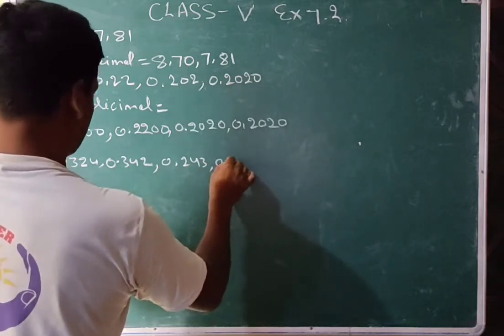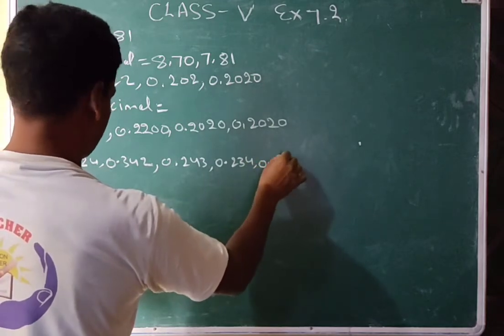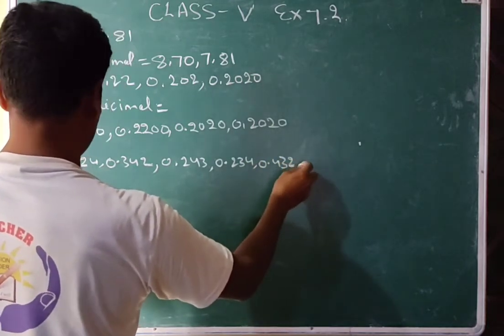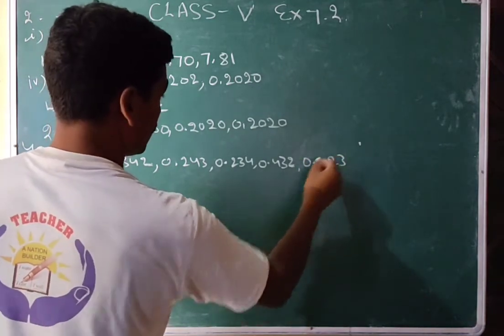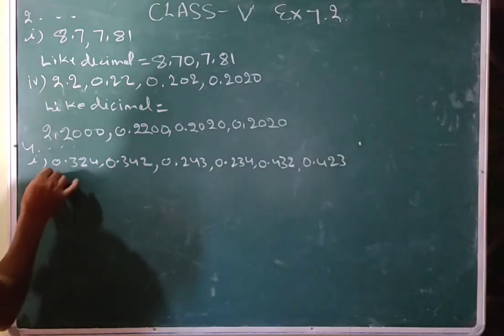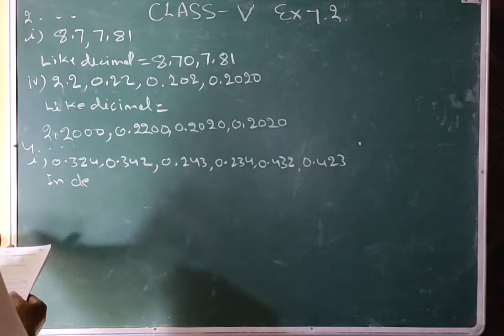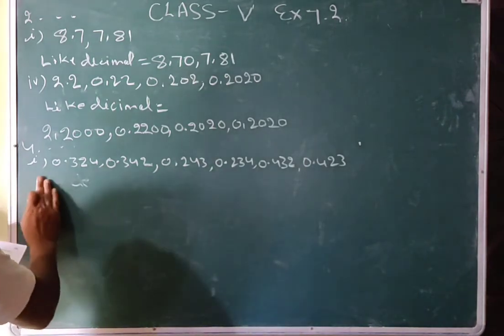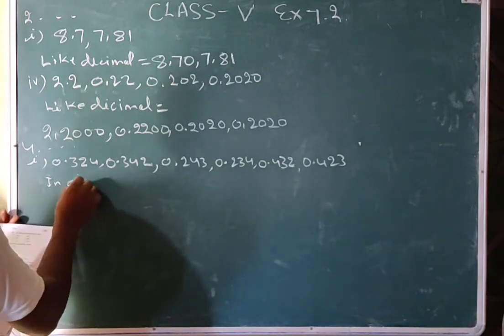0 decimal 234, comma 0 decimal 432, comma 0 decimal 423. How will you write ascending order? Very easy. Sorry, that was descending order.